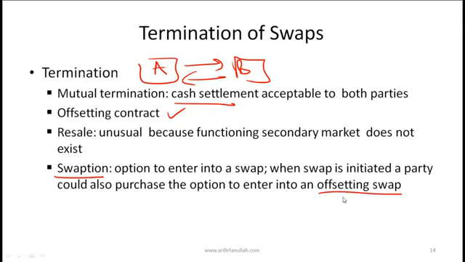So if it turns out that you want to get out of your swap, then you can exercise the swaption. If you didn't quite get that, don't worry about it. We will see this in detail in level 2. Right now, just memorize these 2 statements. I'd say that as long as you just know that one way of getting out of a swap is to use a swaption, that is good enough for now.